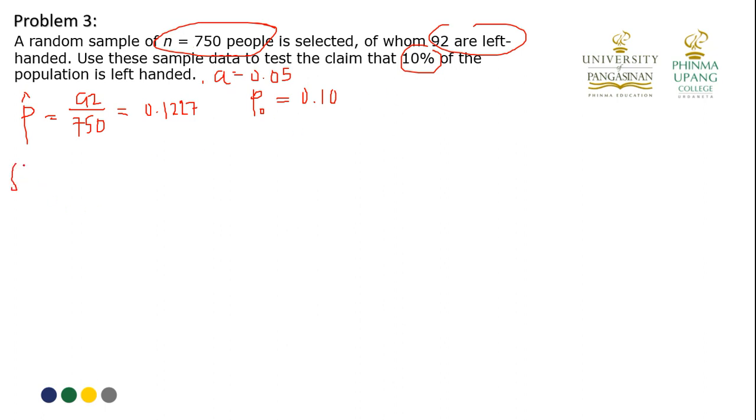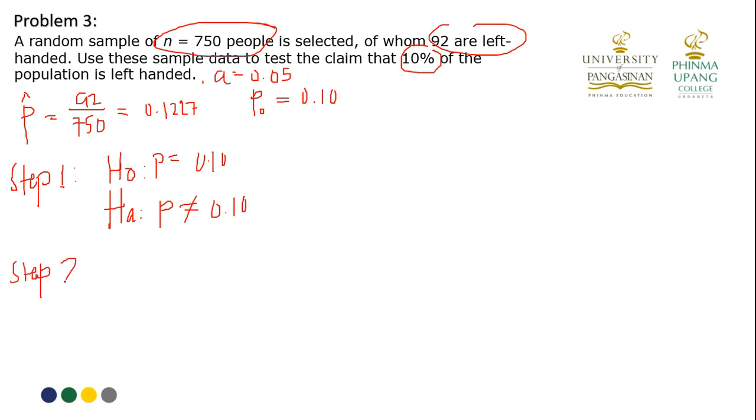So, step 1 agad. Step number 1, yung HO, tapos HA. So, yung HO natin, p is equal to 0.10. Since walang direction yan, HA is not equal to 0.10. Tapos, punta tayo sa step number 2.